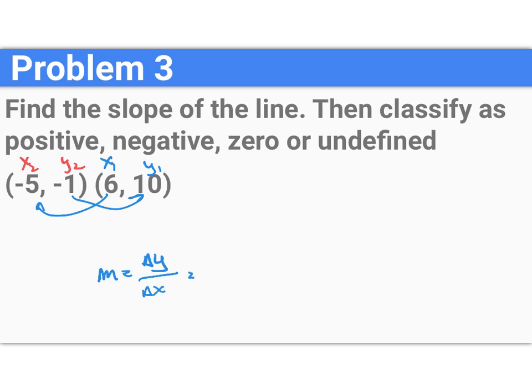So we're going to take negative 1 minus 10 over, what goes with negative 1? Negative 5. Negative 5 minus 6. And we have negative 11 over negative 11, which gives us 1. The slope is positive, which means the line goes up from left to right.